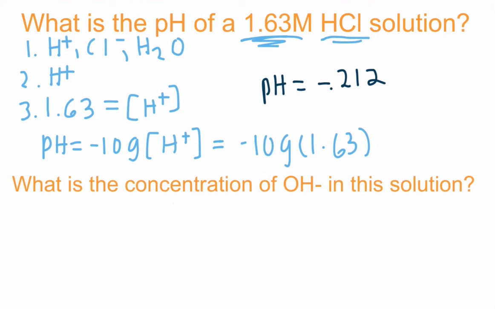Now, for our concentration of OH-, we're going to have to convert our pH into pOH first. So we know 14 minus our pH will be our pOH.